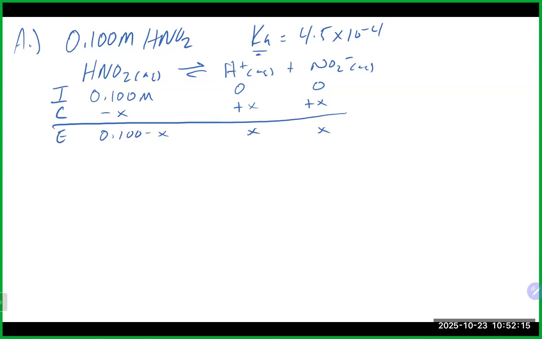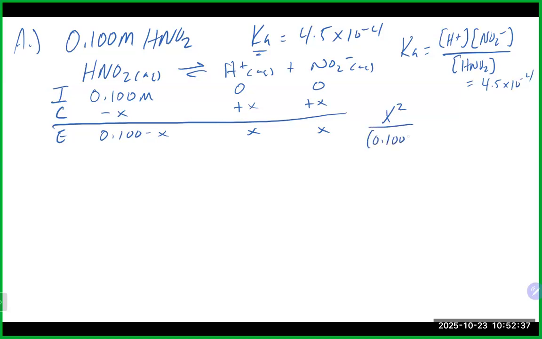Any questions so far? This is going to go into our Ka expression, so it's our products over our reactants, and that equals our Ka value of 4.5 times 10 to the minus 4. So popping that in there, you get x squared over 0.1 minus x equals 4.5 times 10 to the minus 4.